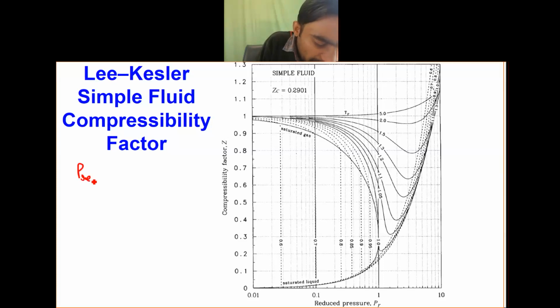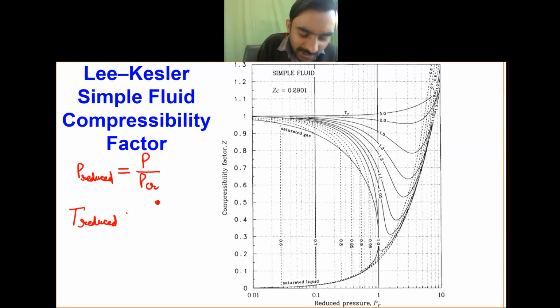So P reduced is nothing but the actual pressure divided by the critical pressure. Similarly, T reduced is the temperature divided by T critical.